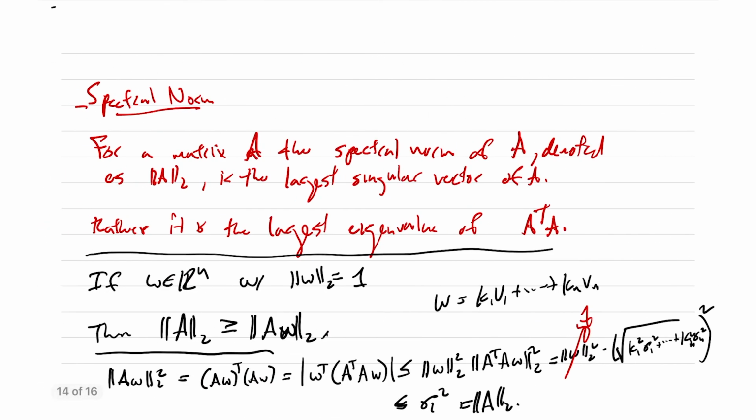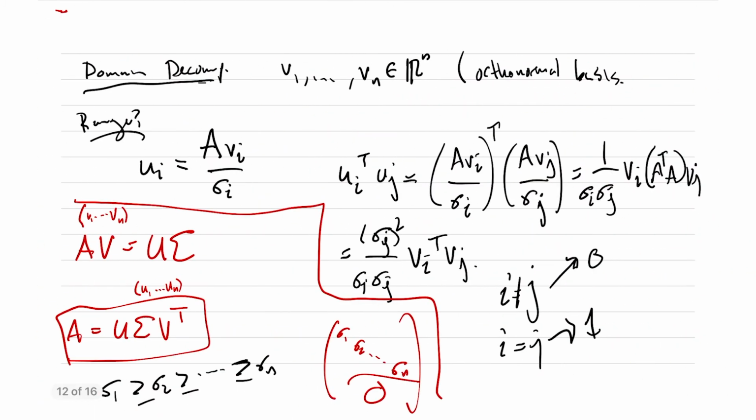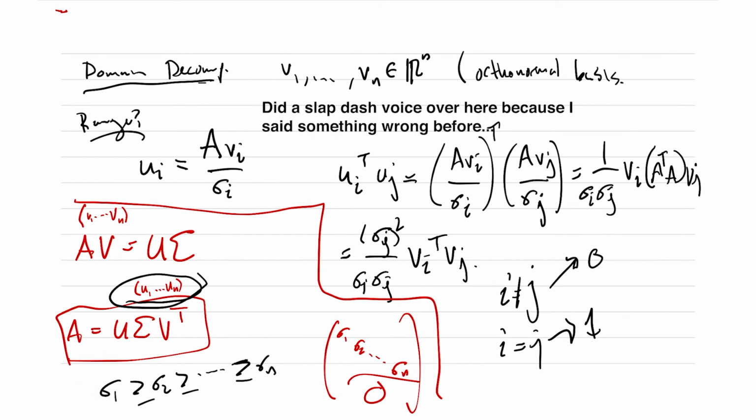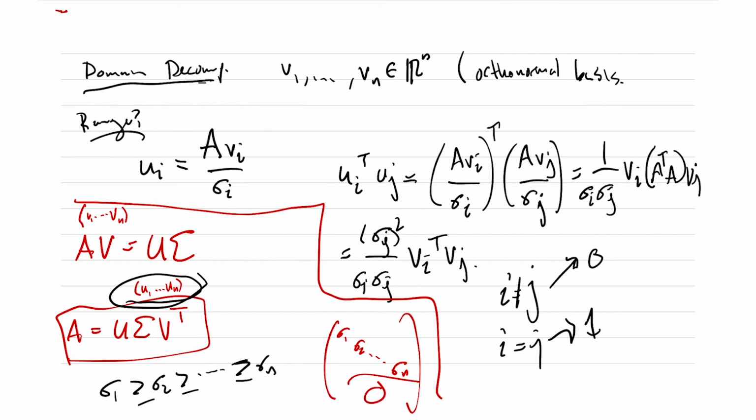Some things I should also mention here: if we go back to here, we have that u_1 through u_n is going to be fewer than the dimensionality of the range space. So what we do typically is we pad on extra u's that come from the perp space of the span of u_1 through u_n. That makes it a square matrix, and that makes the sigma have some 0 padding at the bottom.